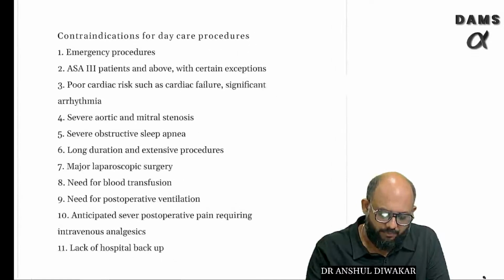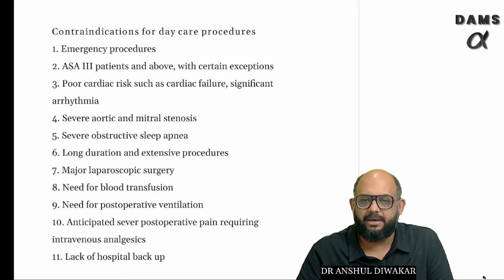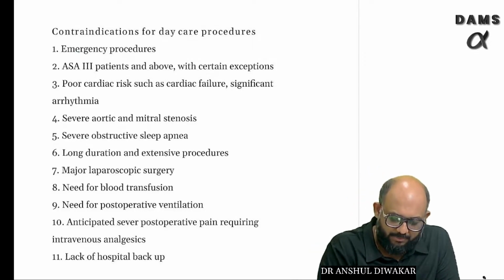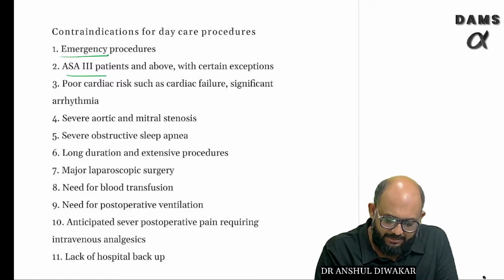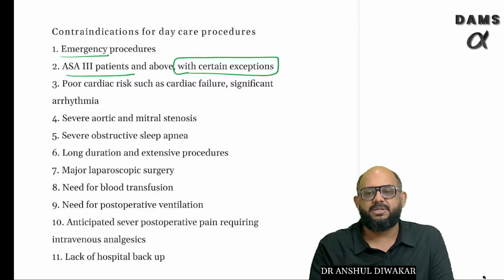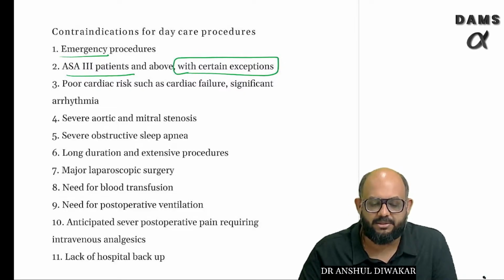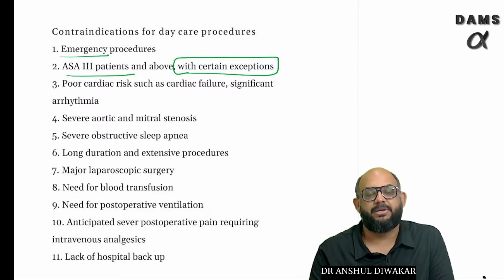And so I referred to another recent article on contraindications to daycare procedures. So it was emergency procedure. Laparoscopic cholecystectomy can be done in ASA 3 patients and above with certain exceptions. So they are also mentioning that ASA 3 would not be absolutely a contraindication for daycare surgery.